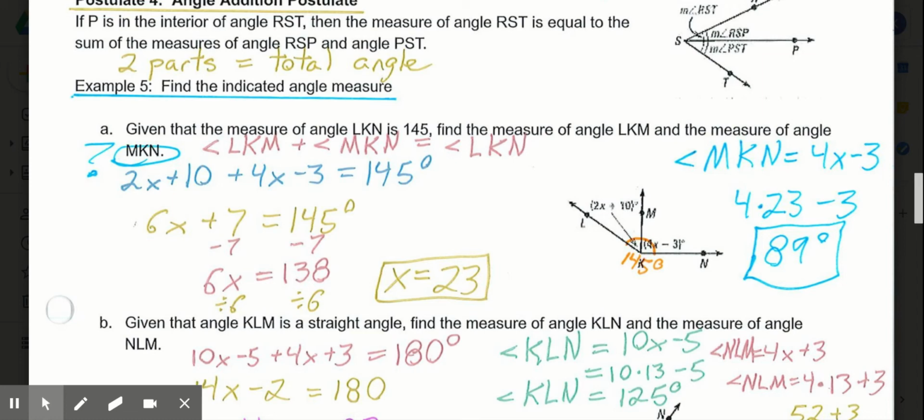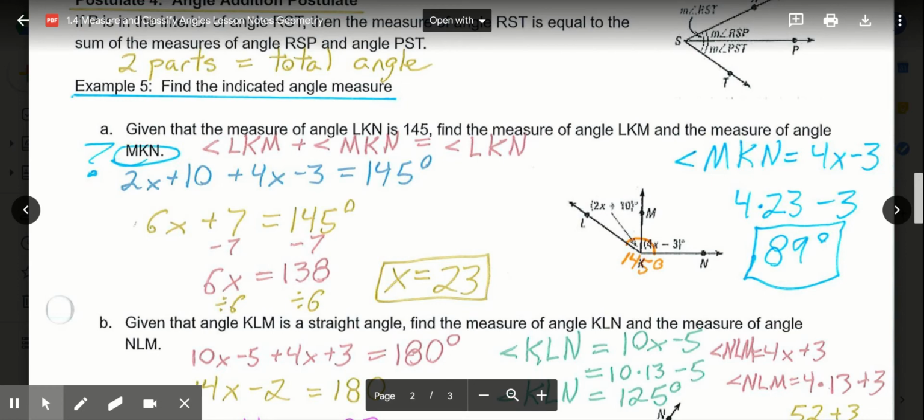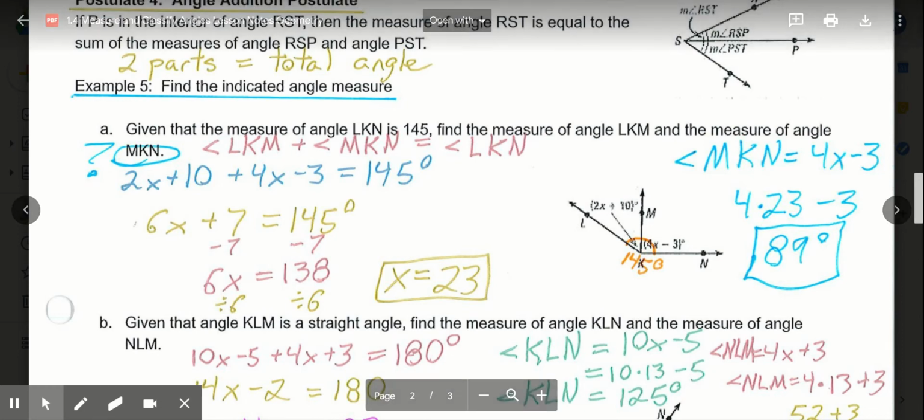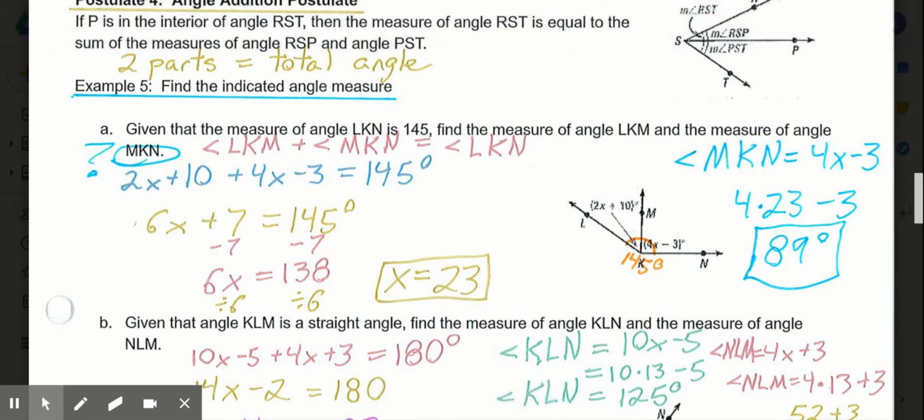From the angle addition postulate, angle LKM and angle MKN together equal LKN, my bigger angle. So I can use the information they gave me to set up an equation.